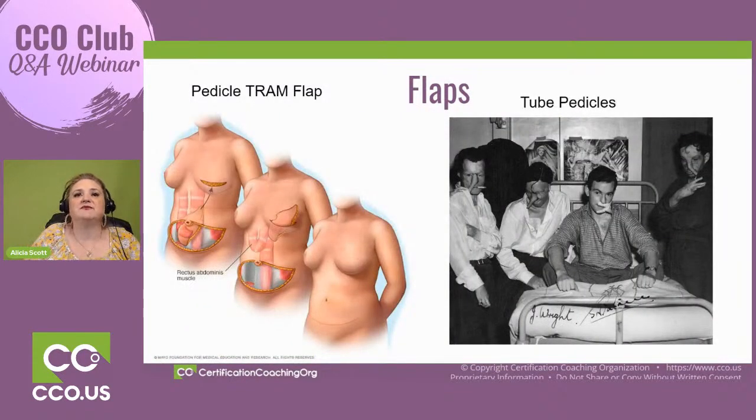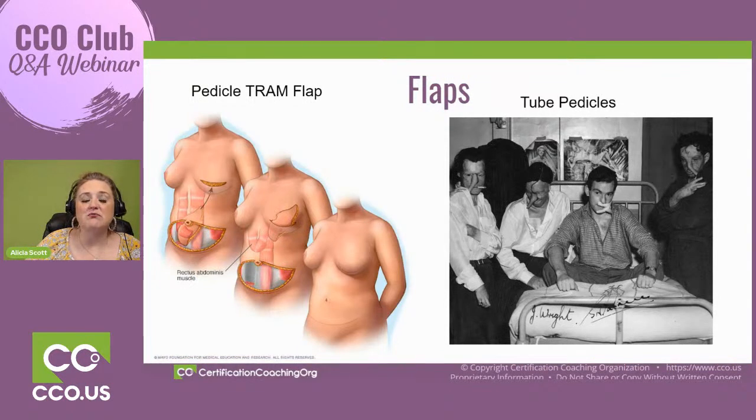Okay, now let's talk about some flaps. One of the newer ones, and this comes straight from Mayo Clinic, was called a pedicle TRAM flap. I can't remember what TRAM stands for, but I used to know; you can look it up. This is one of the newer ways now that they're repairing breasts after breast cancer and mastectomies.